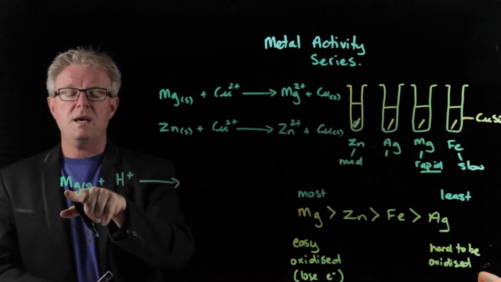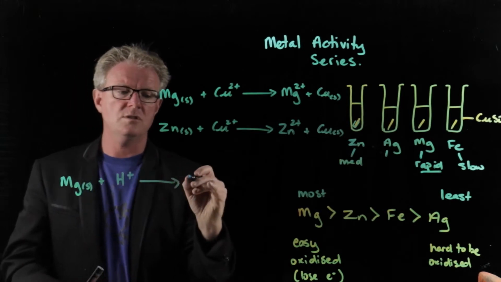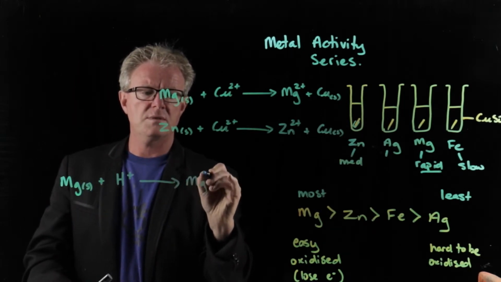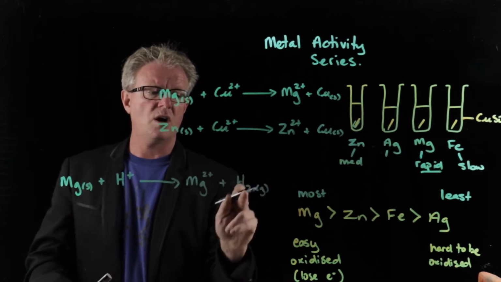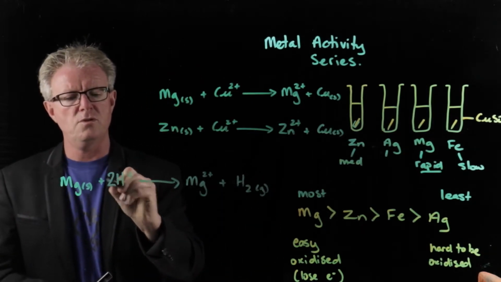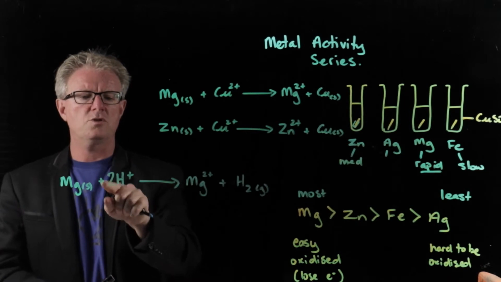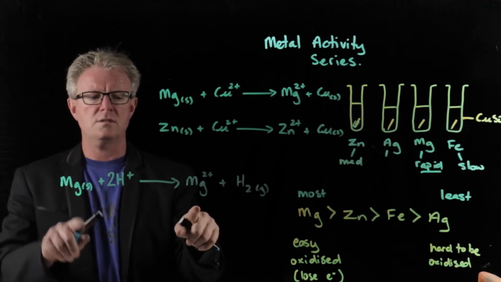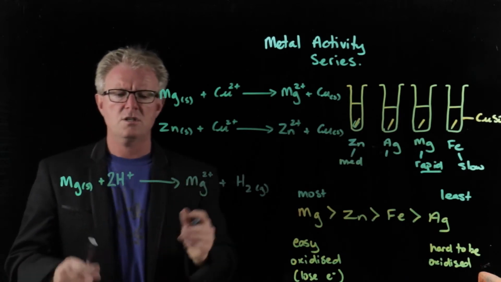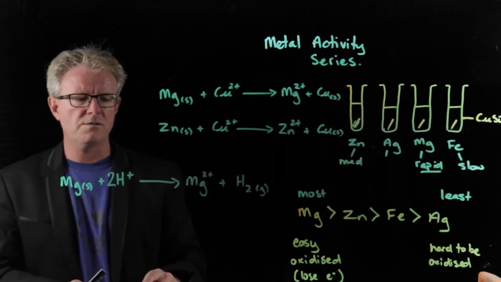And so what happens is the magnesium will lose electrons to hydrogen, and it will form Mg2+, and the hydrogen gets reduced to hydrogen gas. So we better put a 2 there. And so we've got a 2+ on this side, a 2+ on that side, 2 hydrogens here, 2 hydrogens there, and of course the magnesiums. So we've got a balanced equation there, if you will.